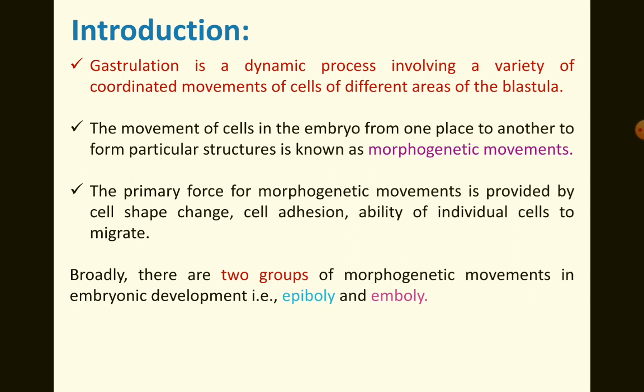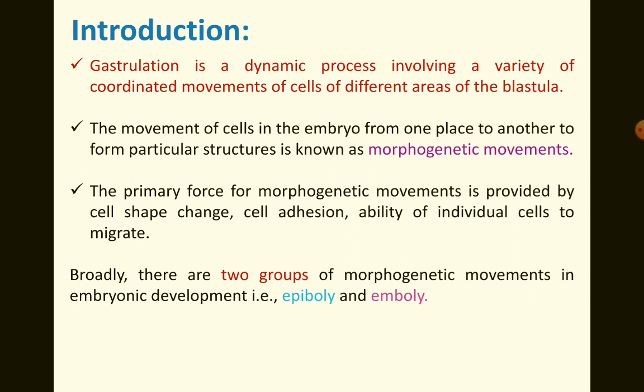And these are all coordinated movements. It's not a haphazard movement of blastomeres moving here and there. The morphogenetic movements of these blastomeres happen very systematically and in a coordinated way, and such coordinated movement of the blastomeres that you see in a blastula is what we call gastrulation.